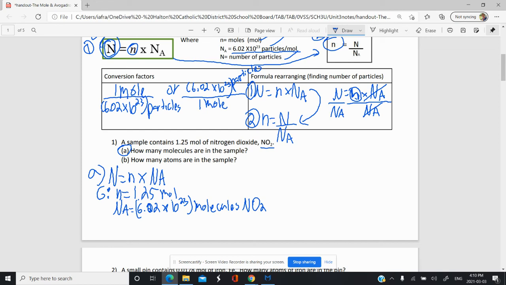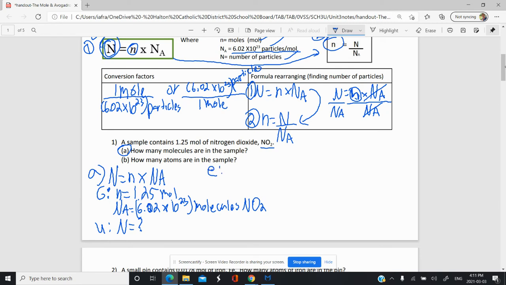And what am I looking for? So what is my unknown? My unknown is the number of particles, the number of molecules. And so I can continue that here. So that's my unknown. My next step is to write down an equation.